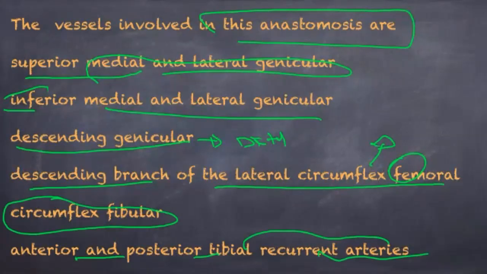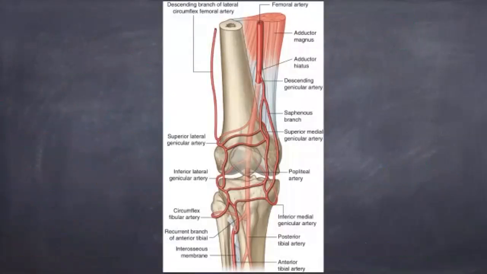All of these form anastomosis around the knee joint, thereby supplying the knee joint and the surrounding structures. We have already seen the descending branch in our last class.